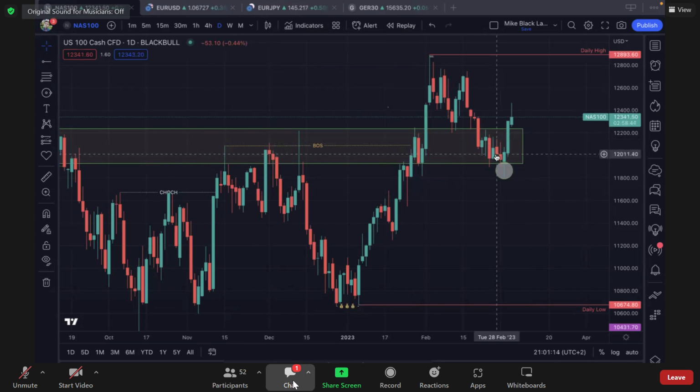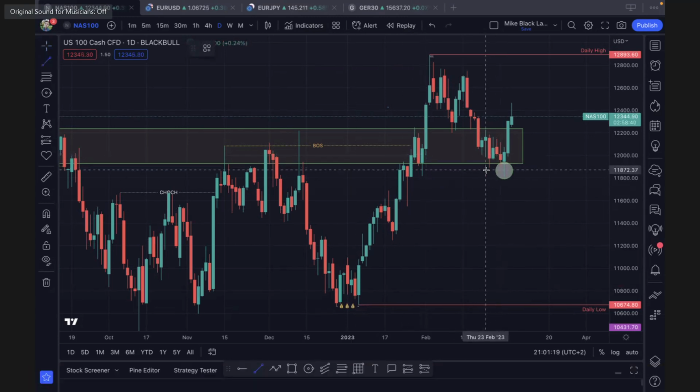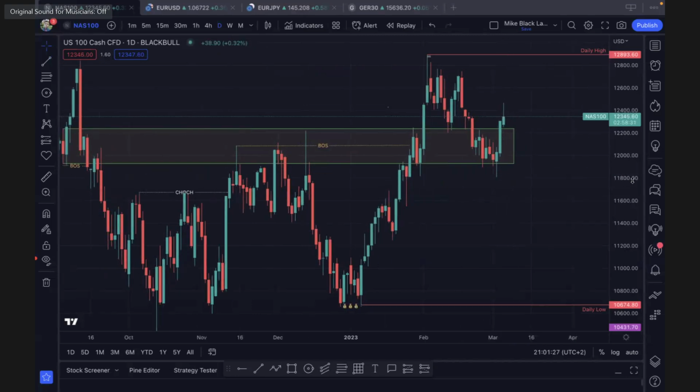Are you with me? Because there were sell stops lying underneath here, and there were stop orders lying underneath here, and that's why they grabbed that liquidity.